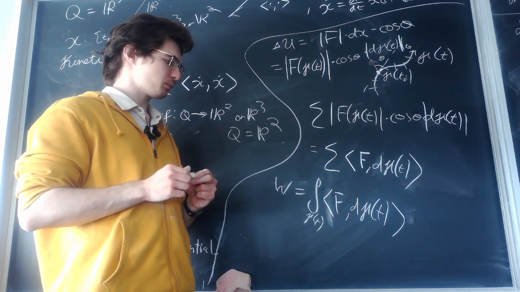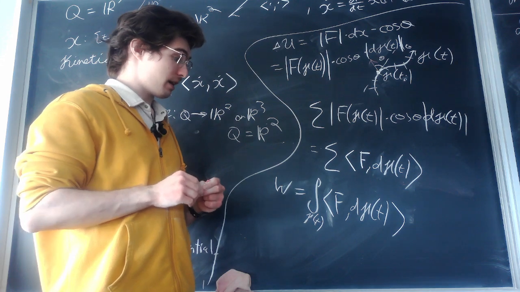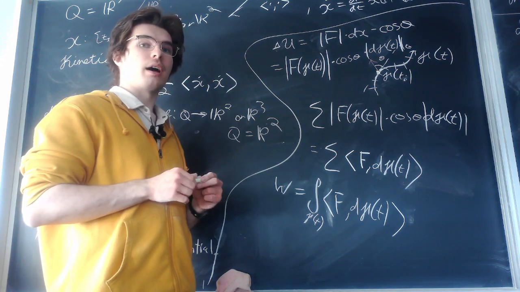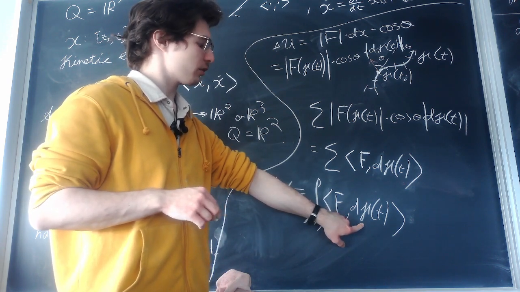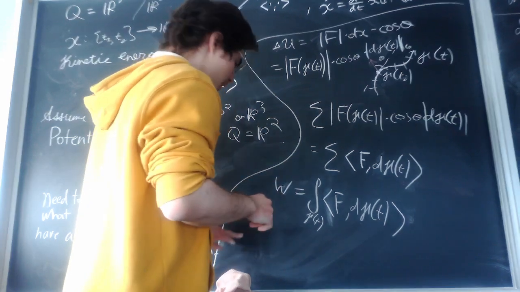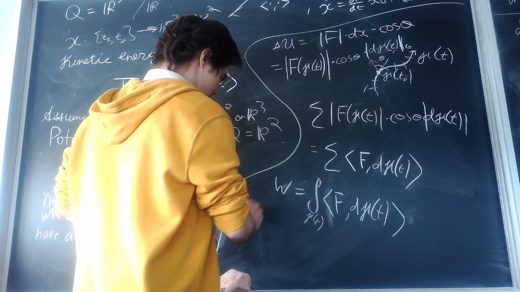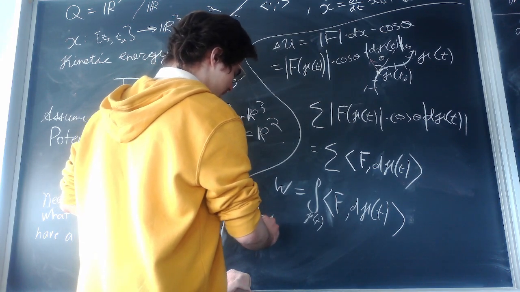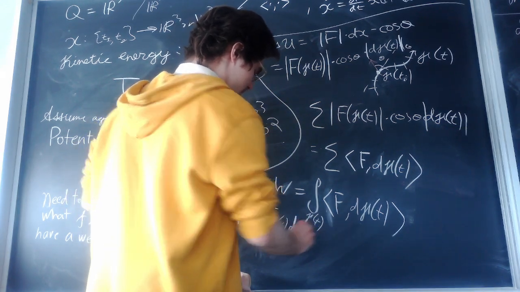However, what you may notice is that d gamma of t really should be gamma dot of t dt. Do you agree?